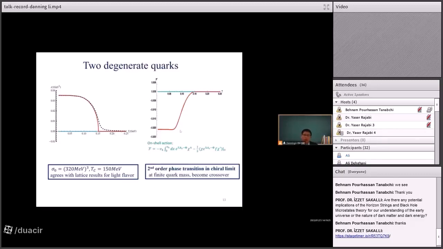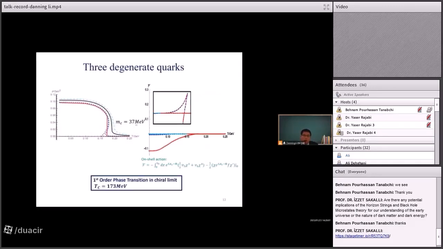We also calculate the free energy and confirm that this is a second order phase transition. Then if we add any finite quark mass, we find that the phase transition turns to a continuous one. So this structure is quite similar to the upper left corner of the Columbia plot.